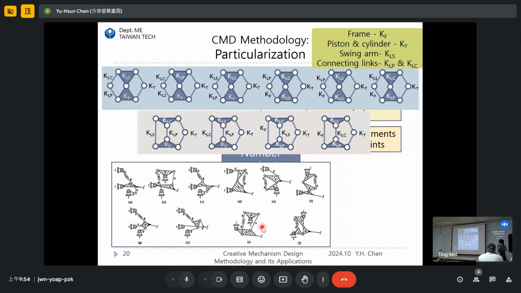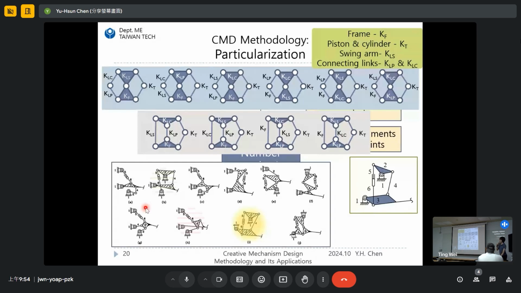That is the reason why, once we complete assigning the roles of the links, we can generate different mechanisms. And we can find that this one is the original design, but the other 9 physical mechanisms are novel designs for the real suspension mechanism.